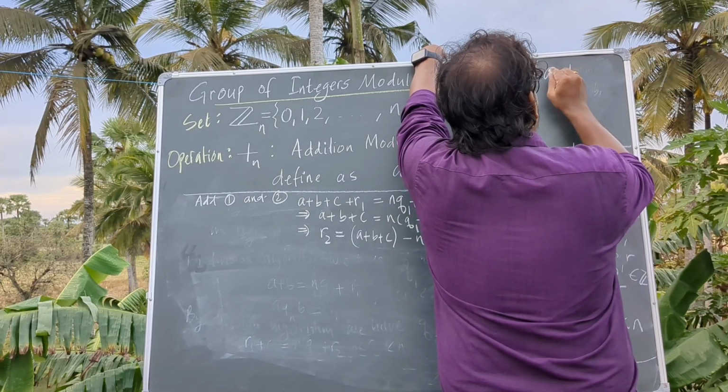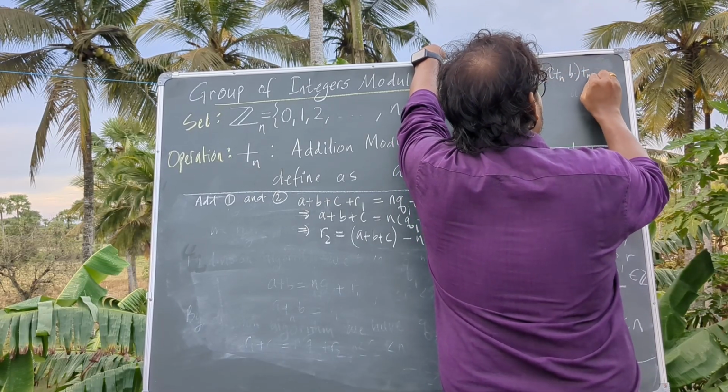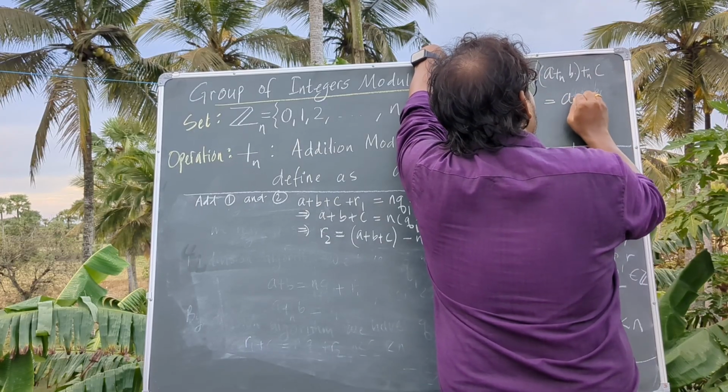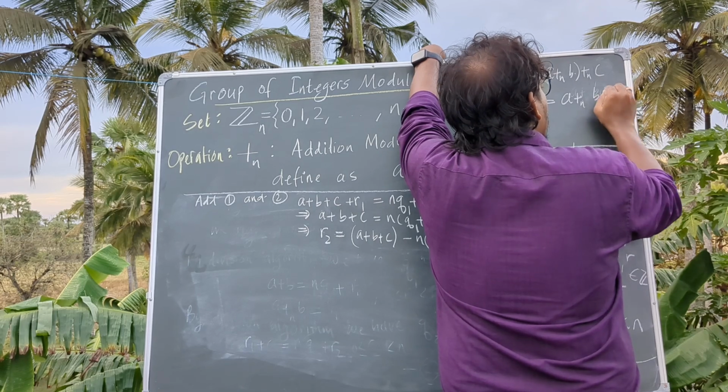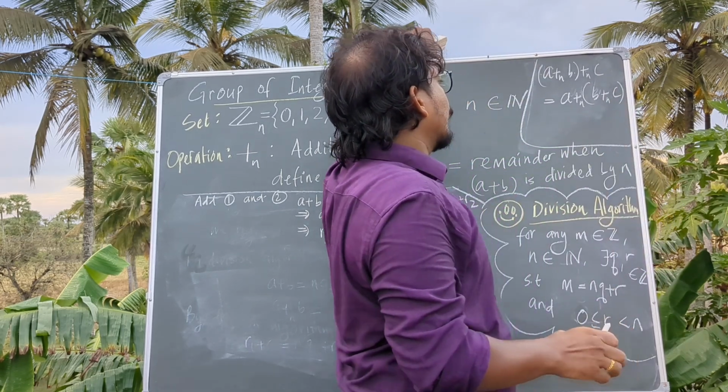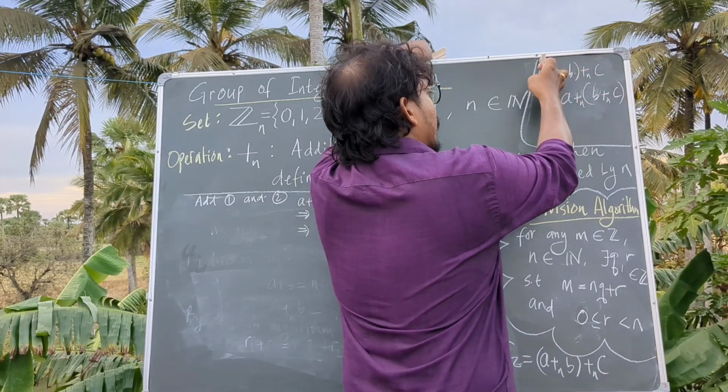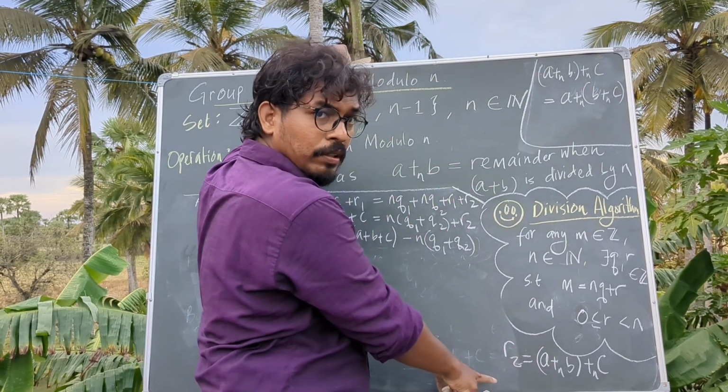What we have to show in associativity here, we have to show this one equals to this one, and this one we have got R2.